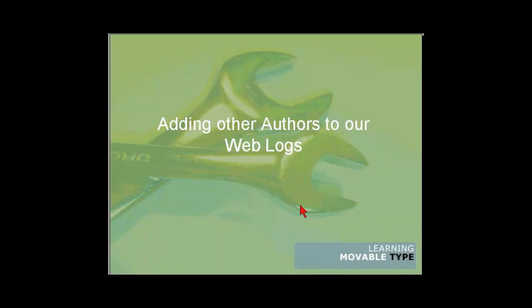Okay, so we're quickly getting near the end of our installation and configuration of the weblog software, and now we're going to look at adding other authors to the weblogs. Now, if you've got the right kind of license, you can add authors to the various weblogs.